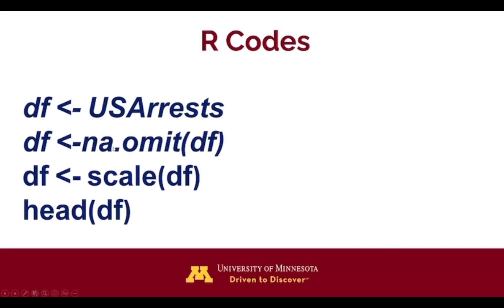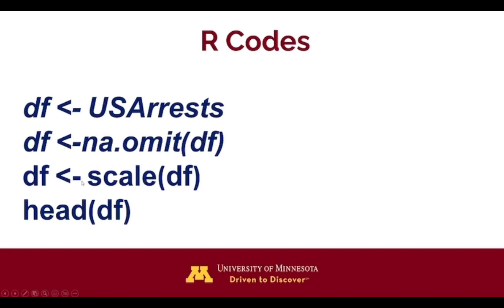Because when you have missing values, it could be problematic, or it could actually affect the result of your analysis, and that is why we are going to deal with that. And of course, you remember I said the other time that we actually need to scale variables for effective comparison, and that's why you see the scale here.